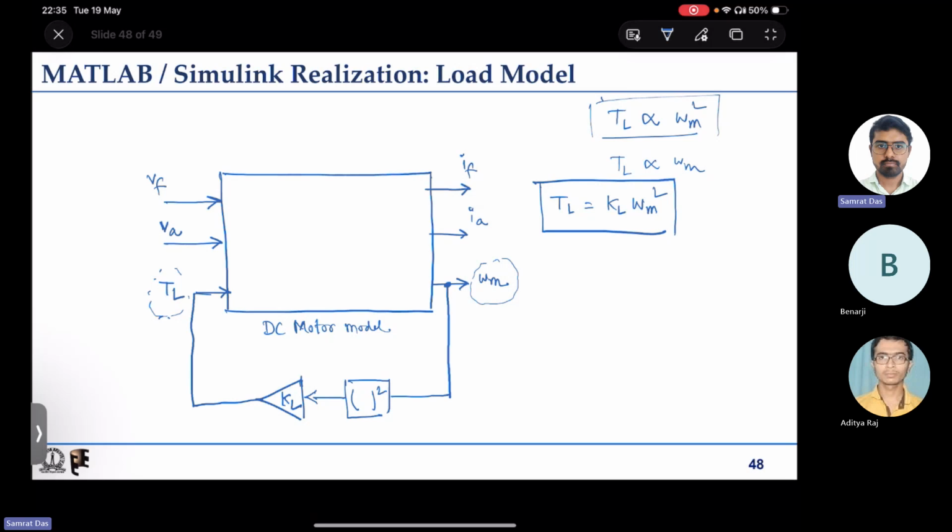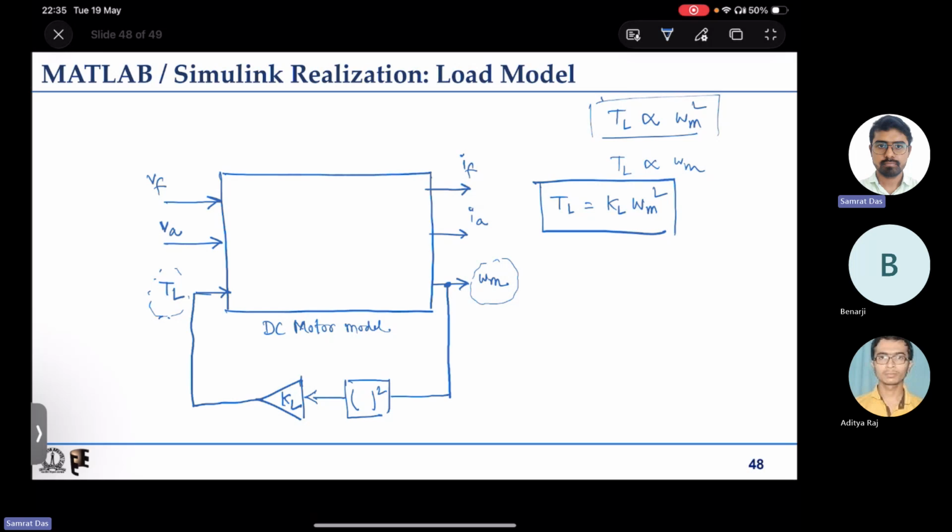So this is one of the ways to model a load if we want to run simulation of a complete DC machine plus load model, where Vf, Va are the inputs, If, Ia are the outputs, and omega m is the output, and omega m and TL are related by this load characteristic. It could be anything.